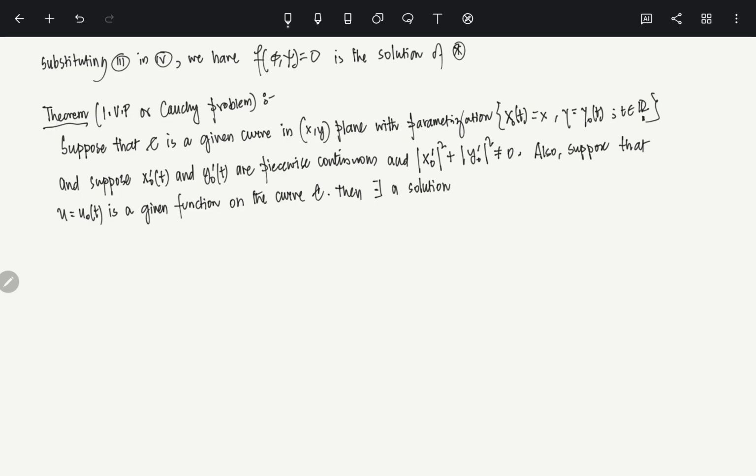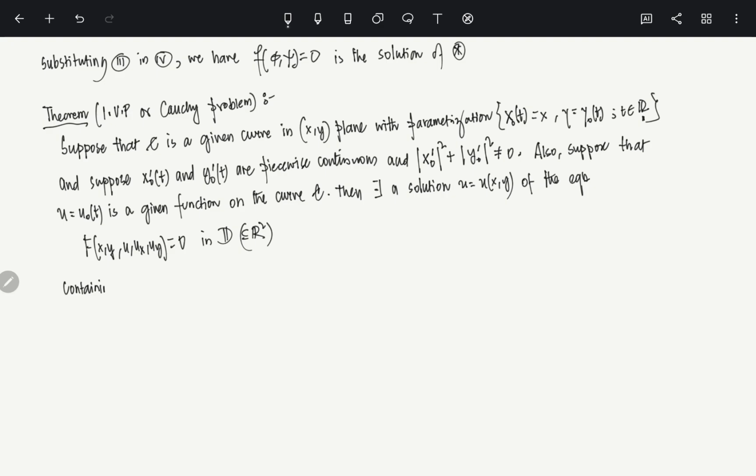Okay, and how is the solution? U, which is u of xy, of the general equation, if you remember, f of x y u ux uy equals to 0 in D, the domain D, subset of R2. Okay, containing the curve.